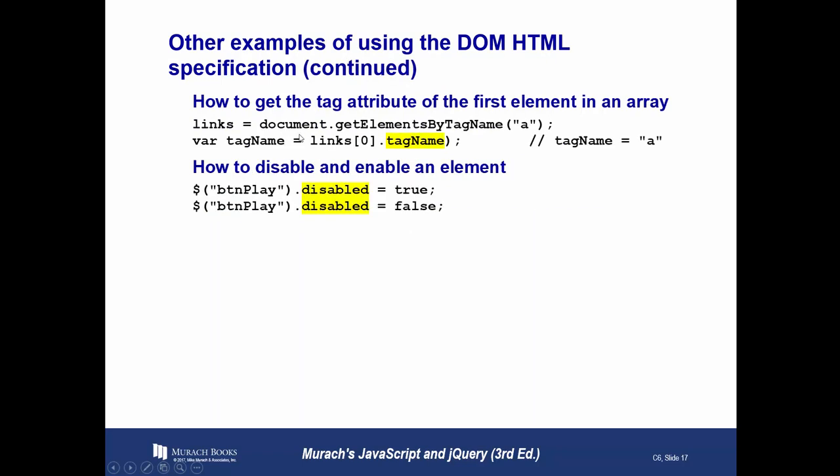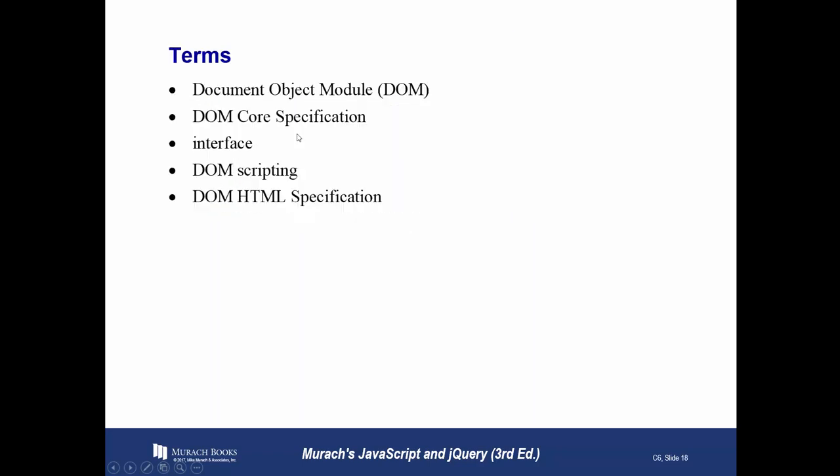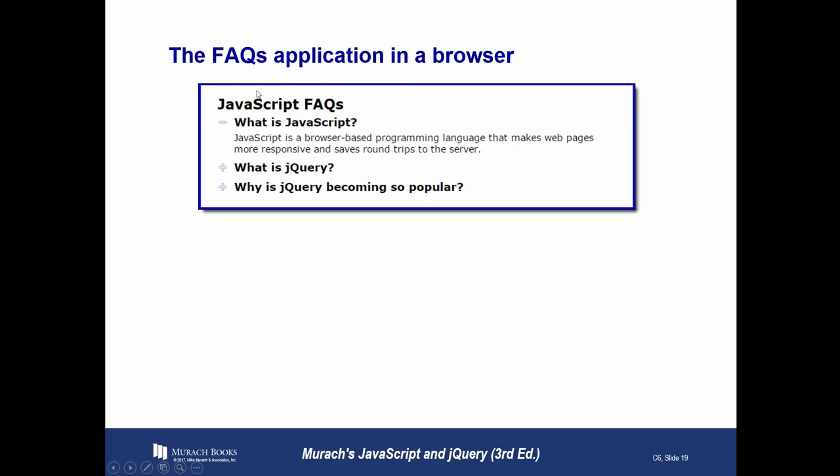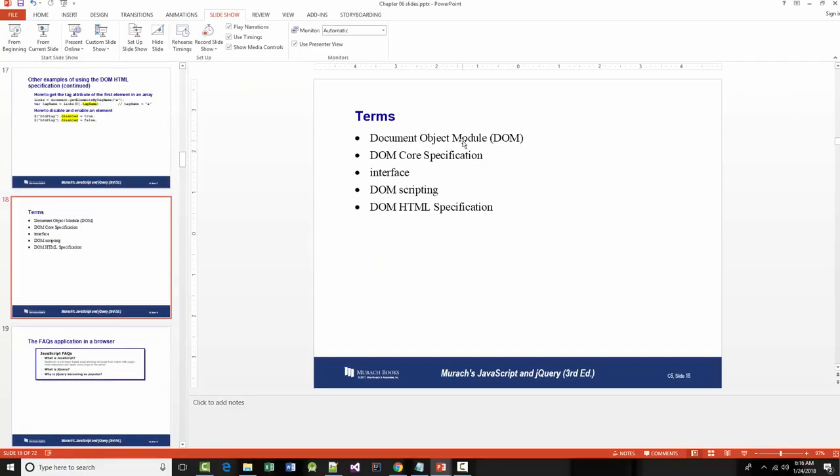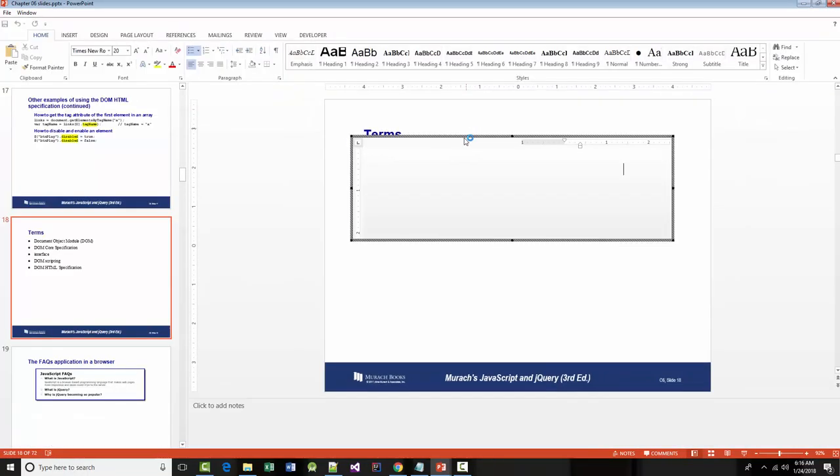And there are examples given in here. These are some of the terms you have to come into contact with and get some familiarity with. The DOM, document object, and I think that's a mistake. It's not document object module, I know that. It should be document object model.